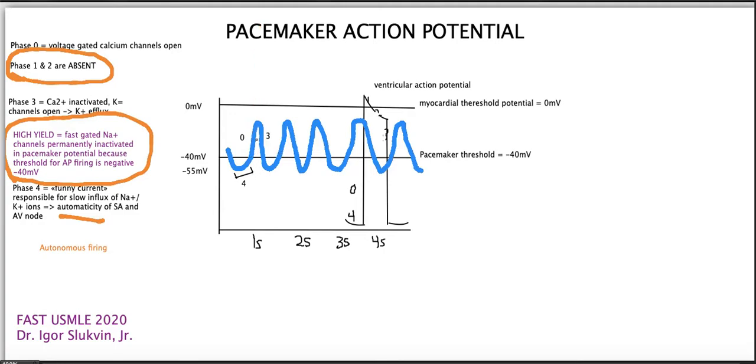So the fast gated channels are closed. And in phase 0, this is the upstroke. The less negative potential allows for the prolonged transmission from the atria to the ventricles.